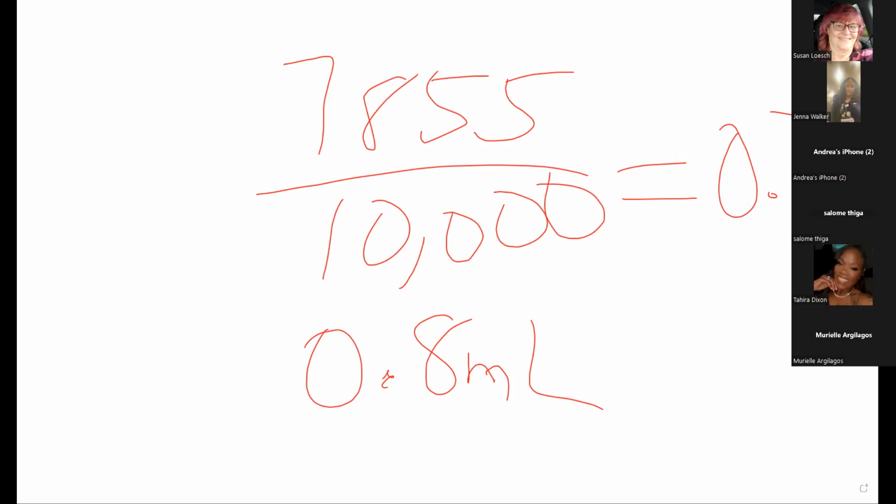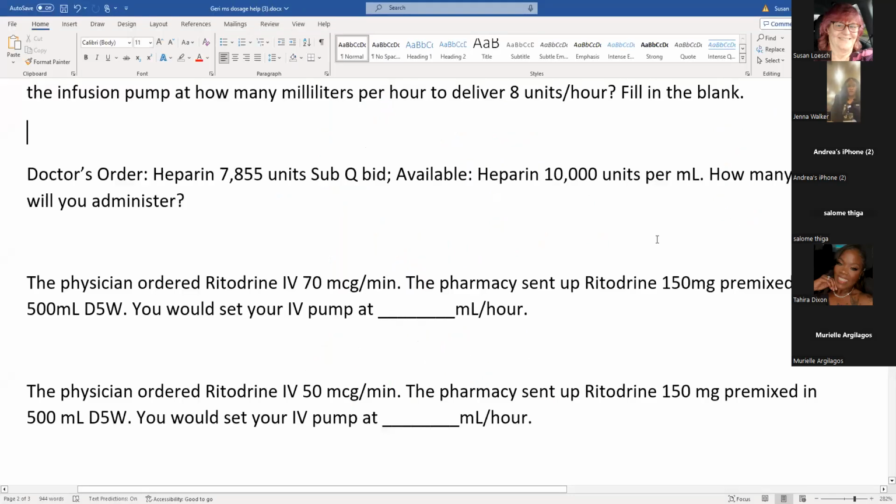Ms. Lowe, can I see that question again? What Andrea was saying is, how would I read that question not knowing not to use that 2 times a day? Because the way I read that question, I would do that. Did it ask you for twice a day or a daily dose? Let's just say this order was written in the book, in the nursing unit, and you didn't have what's available on hand.